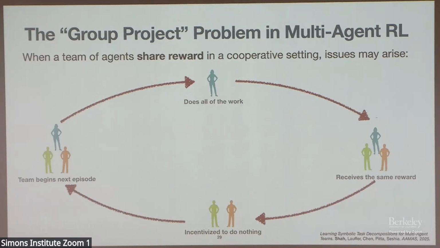It becomes a bad loop: in the next episode of multi-agent RL, those agents just sit there and fold their arms. And if the agent who did all the work stops, they won't get reward anymore. So you're reinforcing and incentivizing this bad behavior, which is a huge issue and pretty common in multi-agent RL.